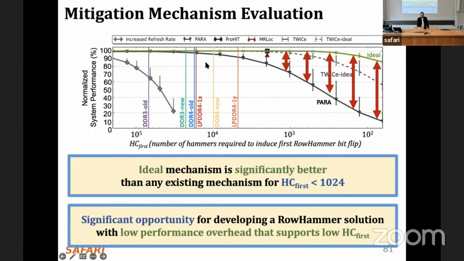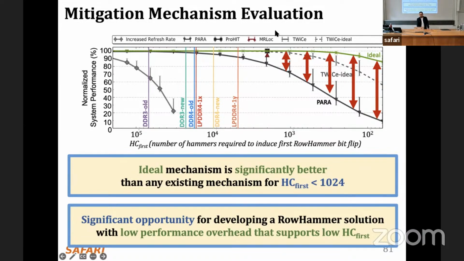So here we implement different DRAM RowHammer mitigation mechanisms. You're familiar with PARA now. PARA is the one that I explained in the previous lecture, the probabilistic one that we proposed in the ISCA 14 paper. And there were some other mechanisms proposed later on.